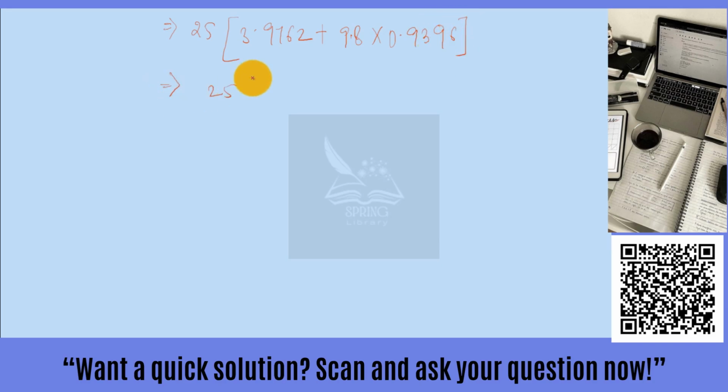We get 25 multiplied by 3.9762 plus 9.2089. Answer is 25 multiplied by 13.1851. We get 329.6, nearly equal to 340 Newton.